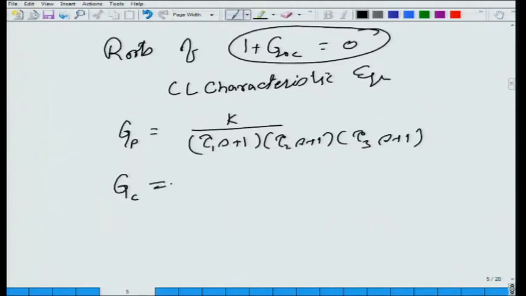So, the controller transfer function is going to be k_c times (1 plus 1 over tau_I s), that is k_c (tau_I s plus 1) divided by tau_I s. This is a PI controller transfer function. How do we get it? Refer to a textbook. Okay.